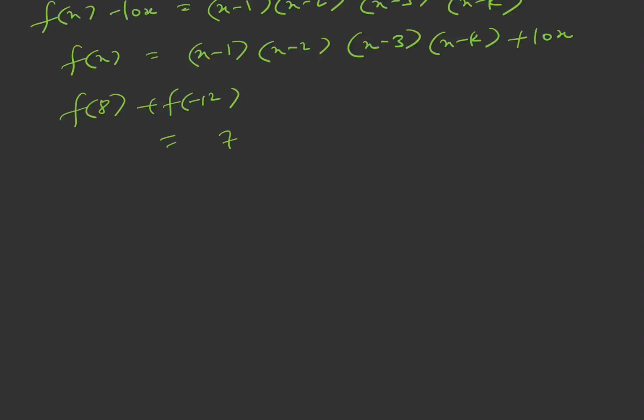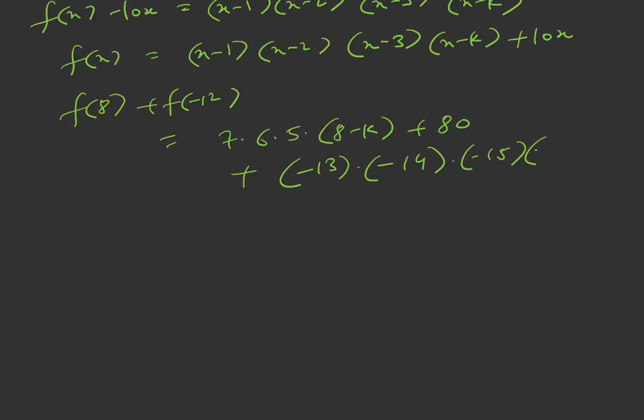So f(8) is what? 8 minus 1, 7, into 6, into 5, into (8 minus k), plus 80, right? Plus f(minus 12) is what? Minus 13 into minus 14 into minus 15 into (minus 12 minus k) plus 10 into minus 12, right?